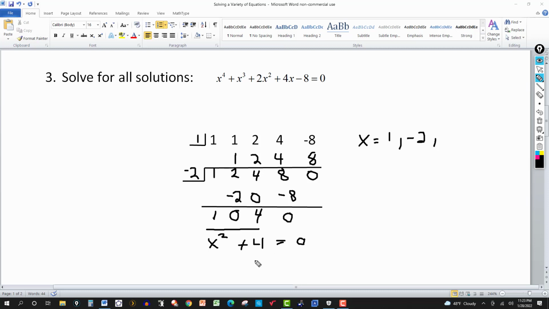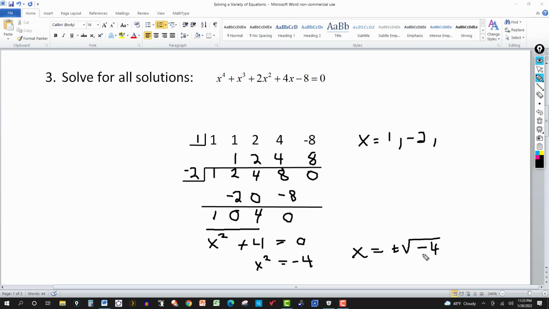So basically I solve this equation. Basic quadratic, add -4 to both sides, and take the square root, plus or minus. So I got x then will equal plus or minus the square root of -4.